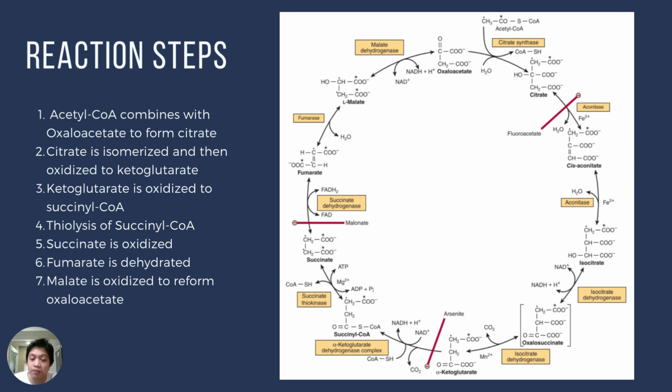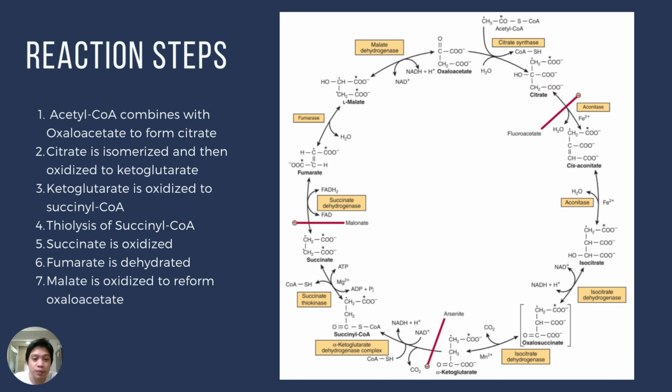But at the same time, like isocitrate, we will be able to produce another reducing equivalent in the form of NADH and carbon dioxide. So at this step, the 2 carbons that were added into oxaloacetate have already been removed as carbon dioxide.